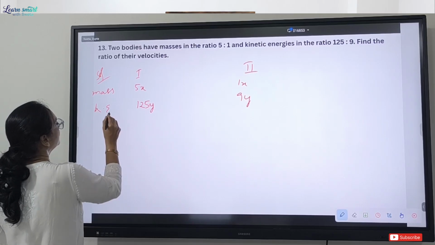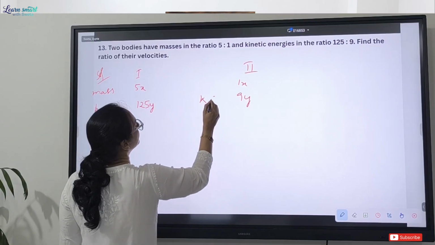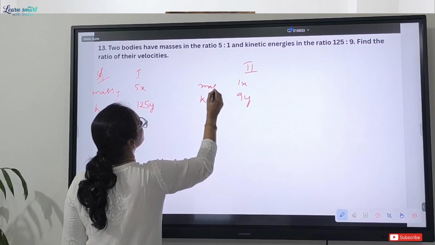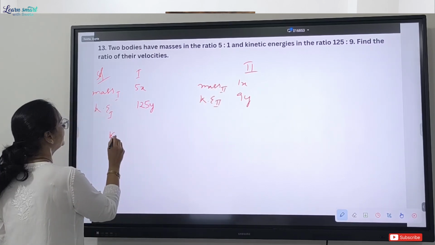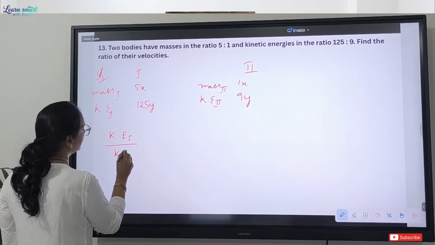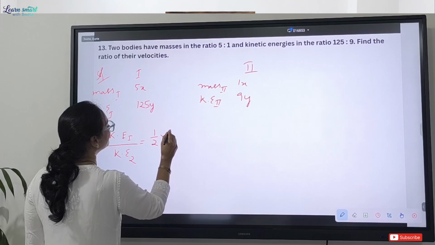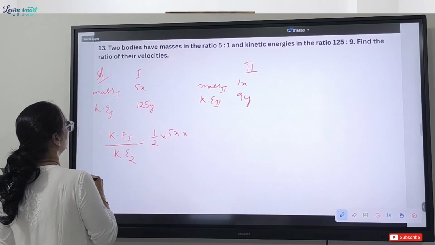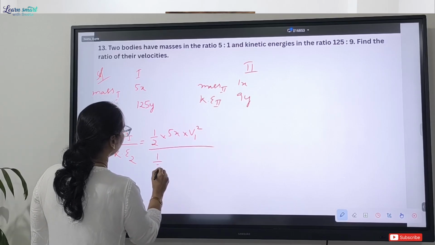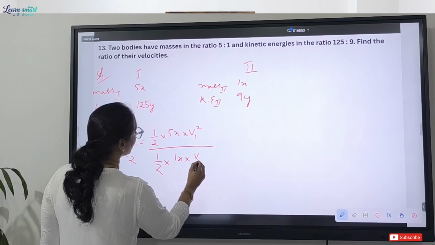So let's name it as kinetic energy 1 and kinetic energy 2, mass 1, mass 2. So kinetic energy 1 upon kinetic energy 2 will be half into 5x into v1 square upon half into 1x into v2 square.